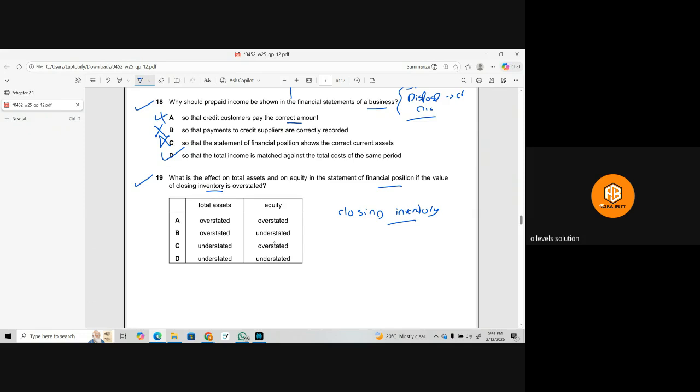Your cost of sales will be understated in the income statement, then profit will be overstated. If the profit is overstated, the equity will be overstated. Similarly, your total assets will be overstated as well because you're writing the value of the closing inventory under the current assets at more than its actual value. So both assets and equity will be overstated.